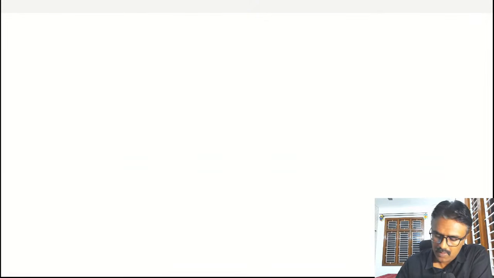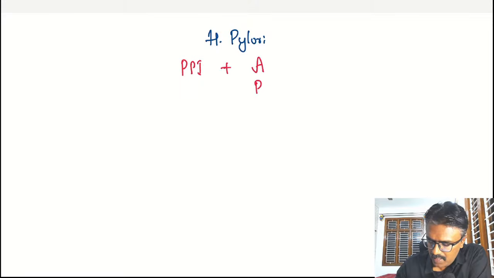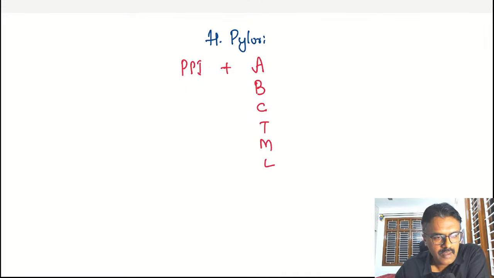Now, whenever I talk about gastric problems, they always ask you the question on H. pylori eradication. For H. pylori eradication, we use PPI with some antibiotics. The mnemonic for the antibiotics is ABC TML. So what are the antibiotics? A for amoxicillin, B for bismuth, C for clarithromycin, T for tetracycline, M for metronidazole, and L for levofloxacin.